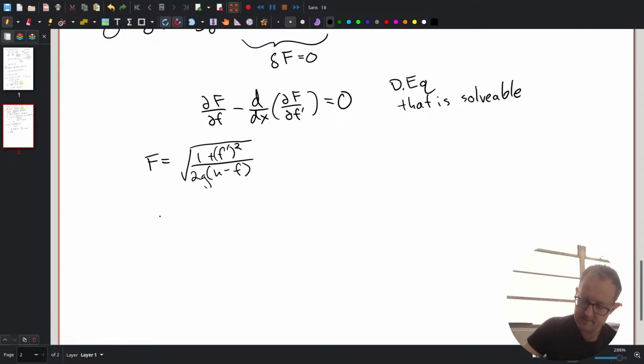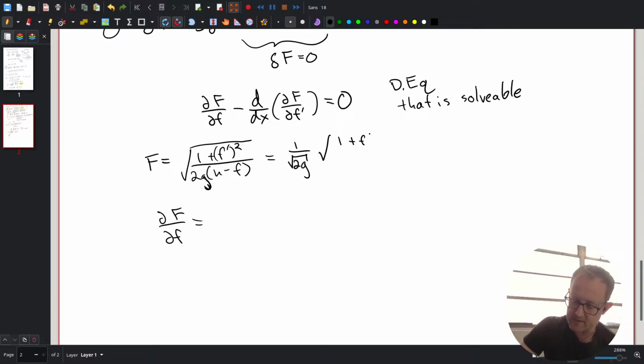So if I look at what is dF/df, this is not a super quick form, but we can get there. Let's take out 1 over root 2g. Now we're left with 1 plus f prime squared over h minus f.